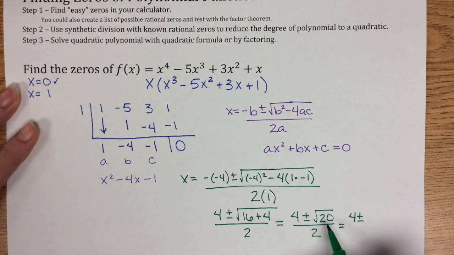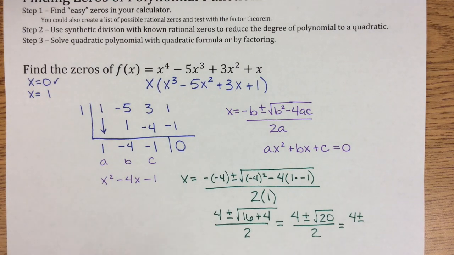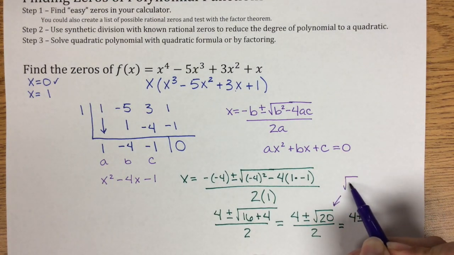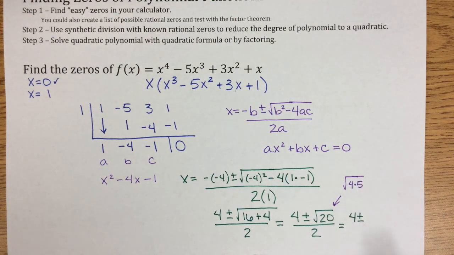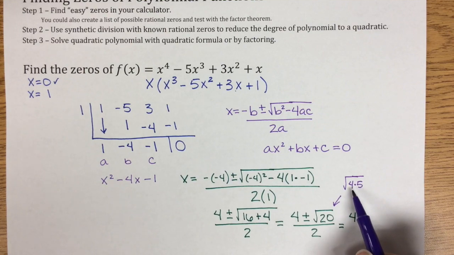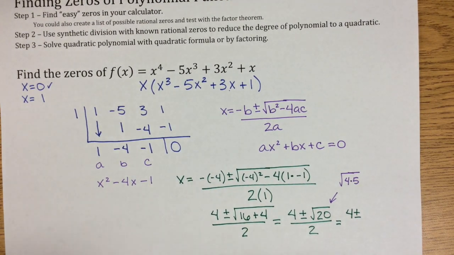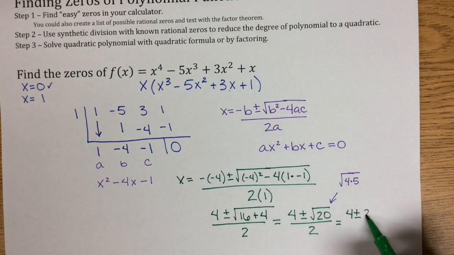Now the square root of 20 is 4 times 5. The reason I chose 4 times 5 is 4 is a perfect square, and I can take that square root and simplify it. So the square root of 4 is 2. I cannot take the square root of 5. All of that stays over 2.